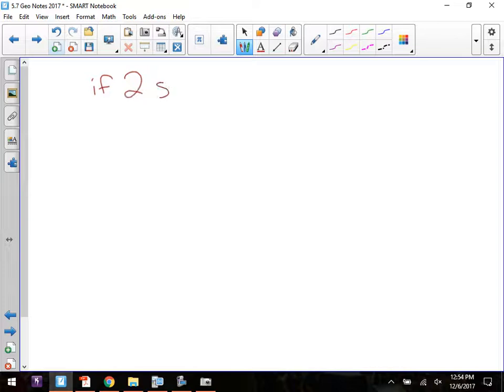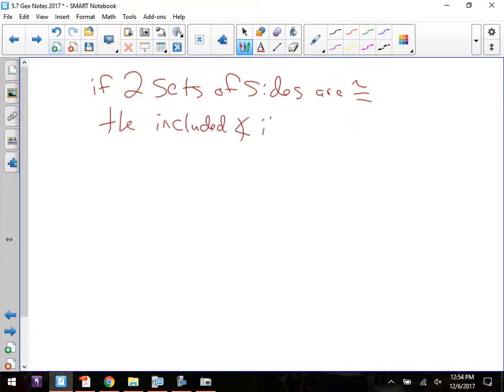If two sets of sides of a triangle are congruent, the included angle that is larger will be opposite the longer third side.